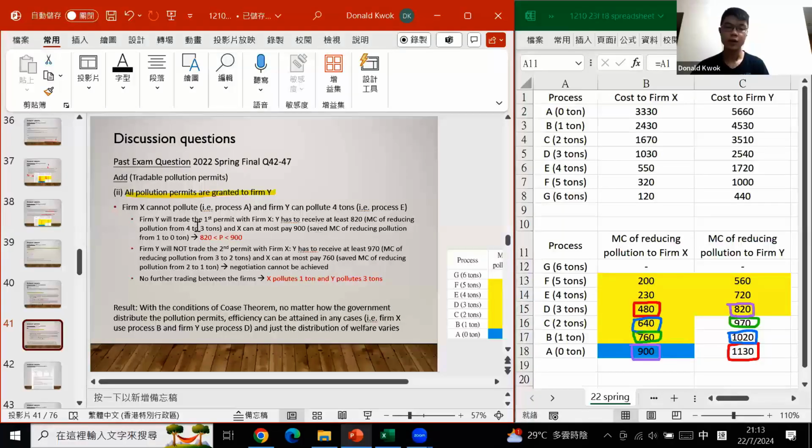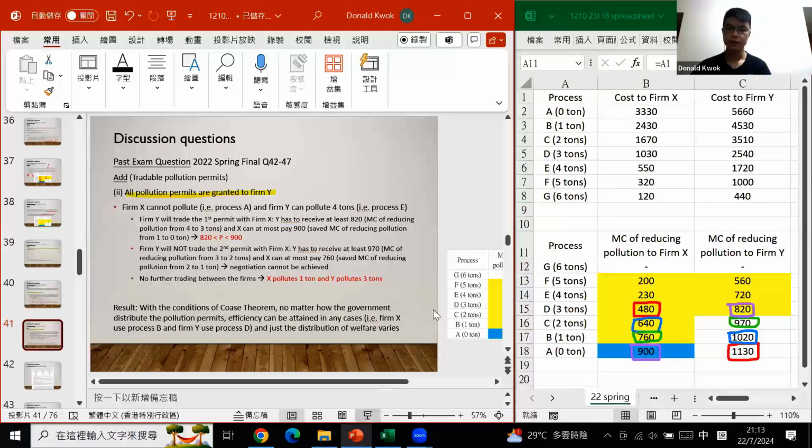We could also have any other case of distribution. Let's say the pollution permits are granted half to firm X and half to firm Y, 2-2, or 1-3, or 3-1, or whatever allocation. As long as the conditions of Coase's theorem hold, the efficiency of society can be attained.